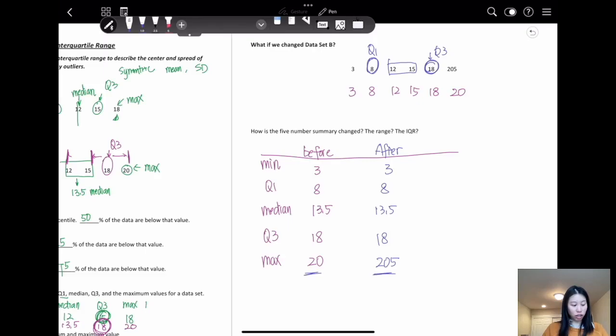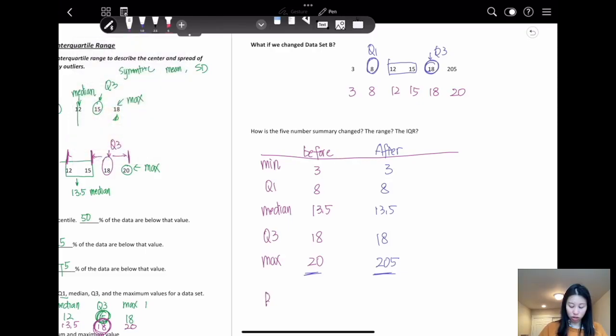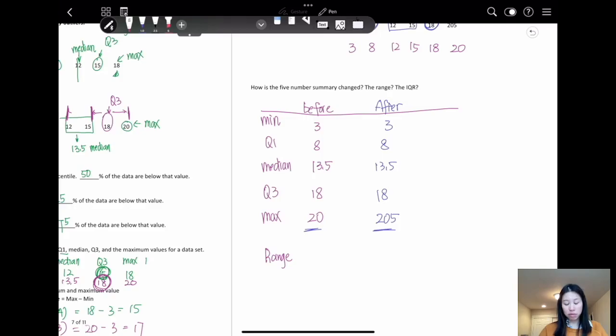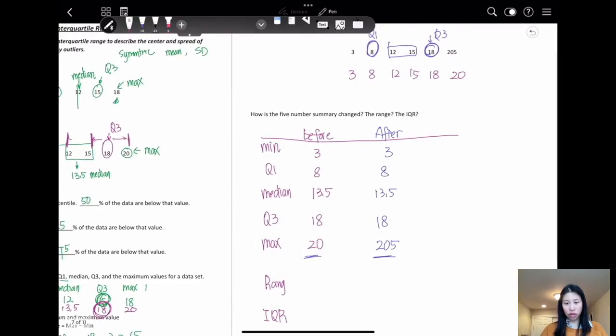So now let's take a look at the range. The range equals the maximum minus the minimum. Before we changed the data, before there was an outlier, we have 20 minus 3, so the range equals 17.